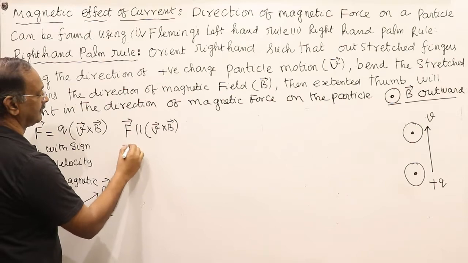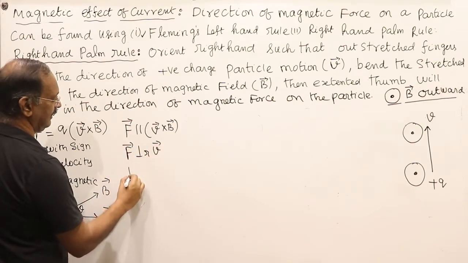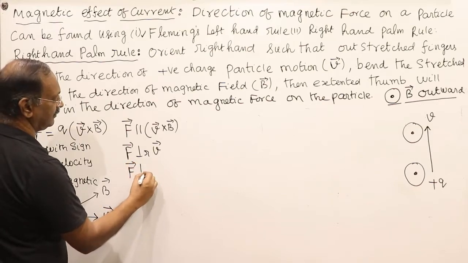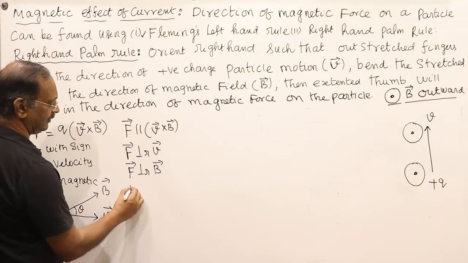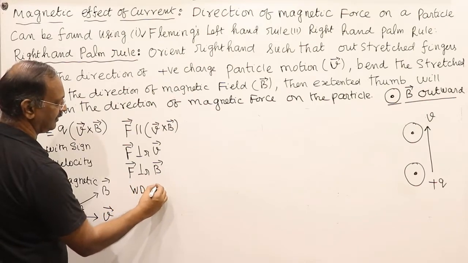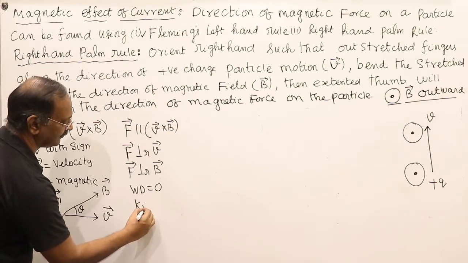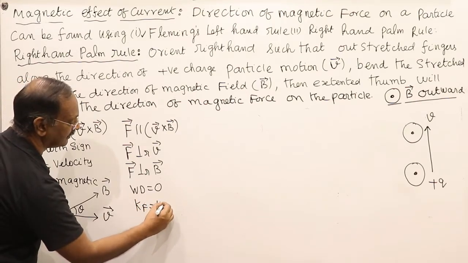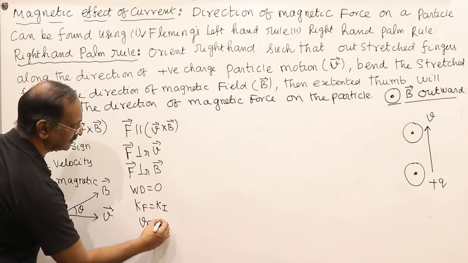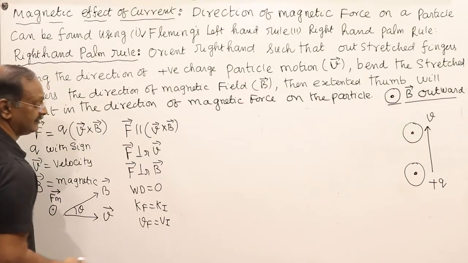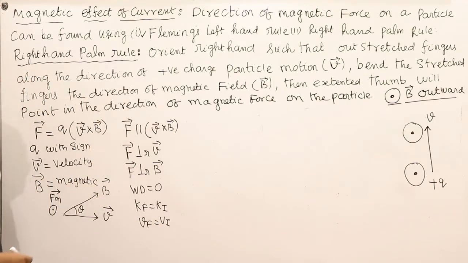And F is perpendicular to the velocity vector, and F is perpendicular to the magnetic field vector, and work done in a magnetic field is equal to 0, and kinetic energy final is equal to kinetic energy initial, that is, speed final is equal to speed initial, not velocity. Velocity changes but speed does not change. This is all the fact we have already seen.